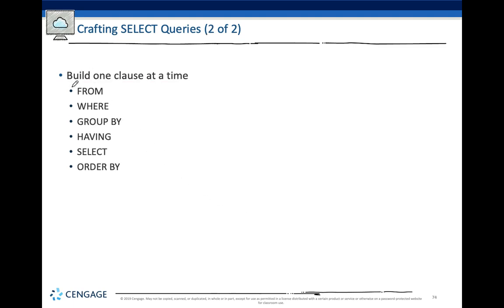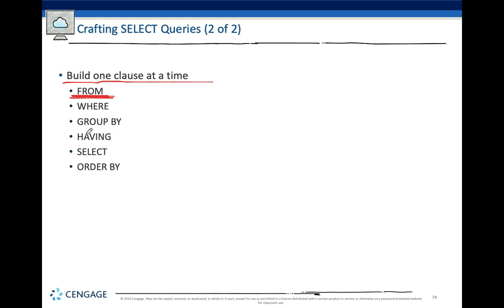And then your book suggests that you build one clause at a time, starting with the from clause. Now, why do we start from the from clause? Well, the from clause tells you which tables you need. Select something, something from, and then there's the list of tables. So first identify the tables where your data exists.